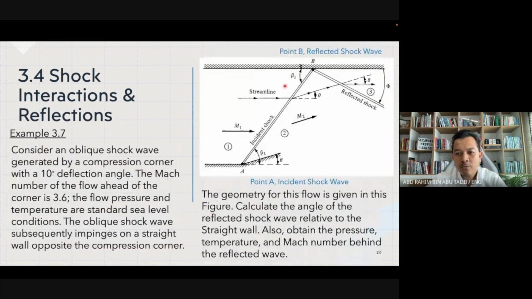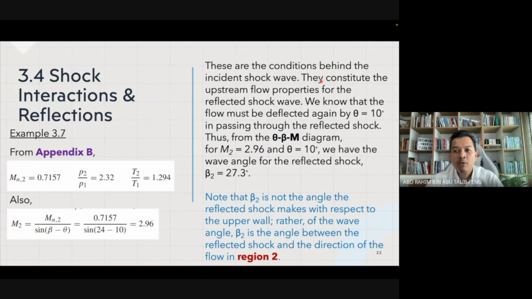So for the incident shock wave, we have already calculated from 1 to 2, we already obtained M2, and now we want to proceed to obtain the values at region 3. Okay, so they constitute the upstream flow properties for the reflected shock wave. So now you use the Mach number at region 2, 2.96, as the upstream flow properties for the reflected shock wave.